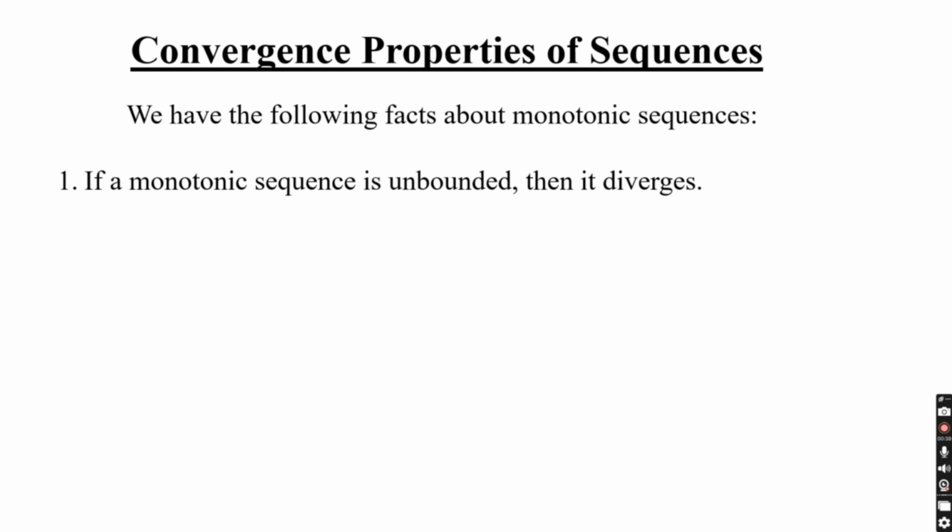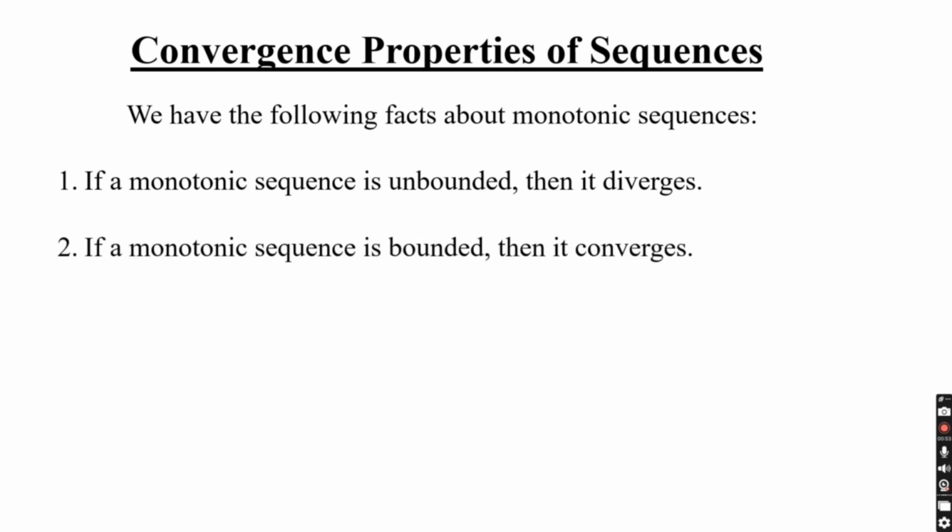There is no limit in its least upper bound, or there is no lower bound or upper bound. Then it diverges to any number which is unknown. And if a monotonic sequence is bounded, then it converges, which means it has limits, which are the upper bound and lower bound.